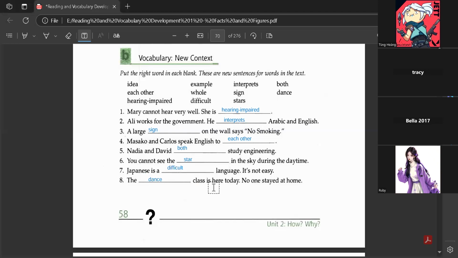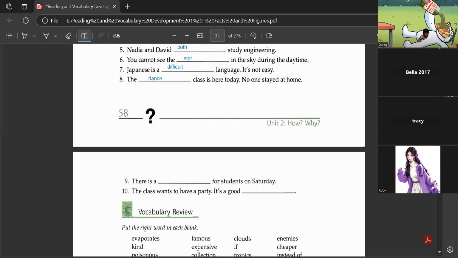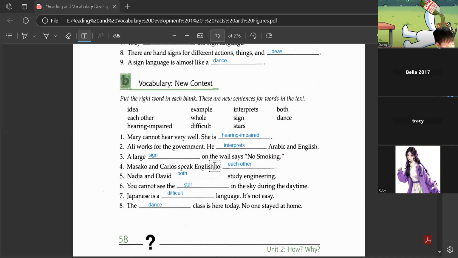No one stayed at home. Anna, number 9. There is an example for the student on Saturday. Okay, there's an example.